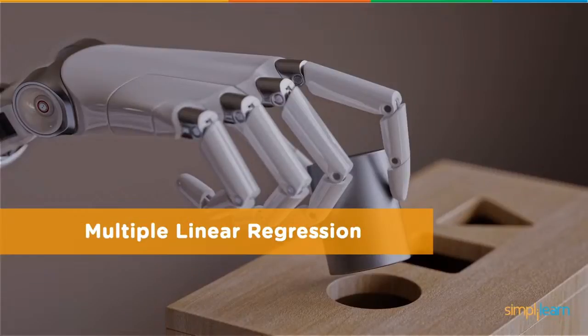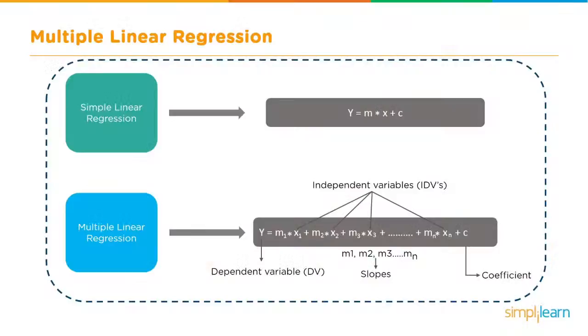Let's take a brief look at what happens when you have multiple inputs. In multiple linear regression, we start with the simple linear regression, where we had y equals m times x plus c, and we're trying to find the value of y. Now with multiple linear regression, we have multiple variables coming in. So instead of having just x, we have x1, x2, x3. And instead of having just one slope, each variable has its own slope attached to it.